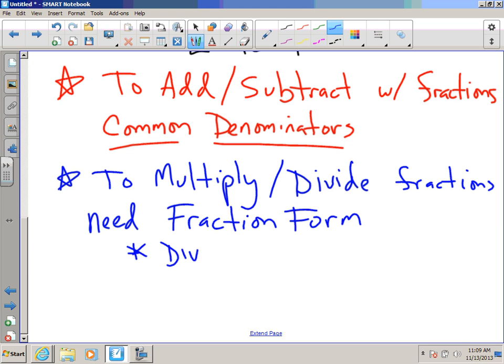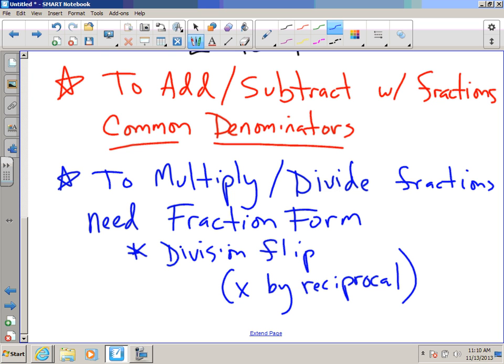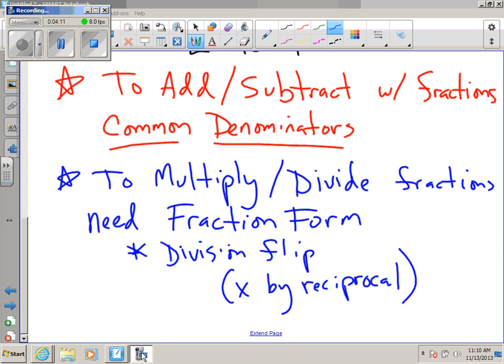Remember, for division, we flip, or we call that multiply by the reciprocal. Okay, so take a minute and get that down.